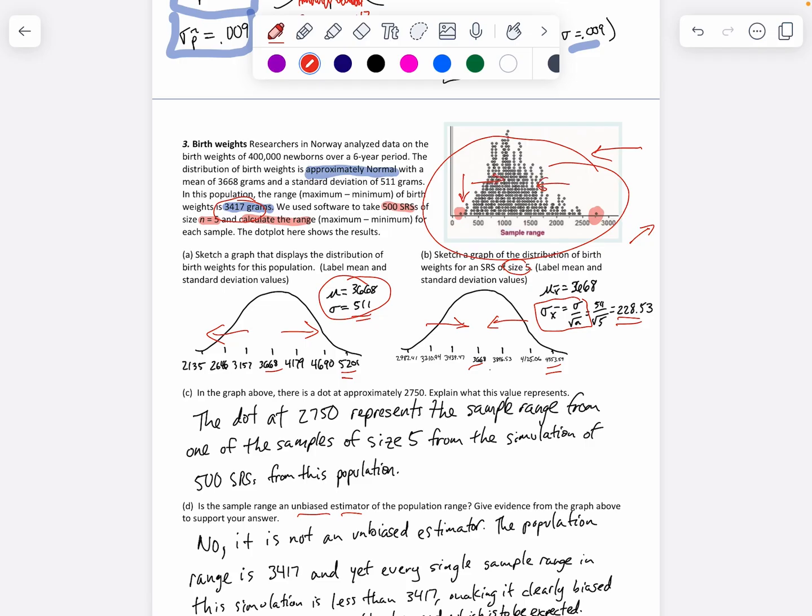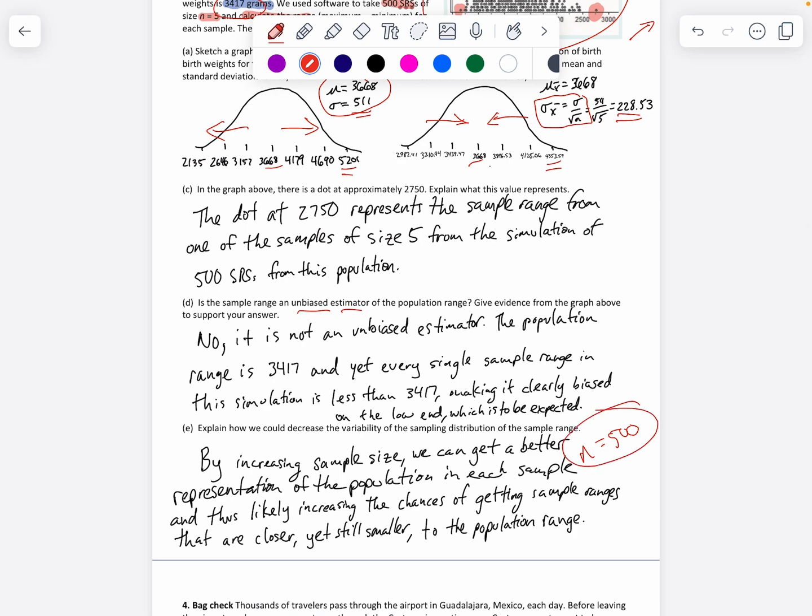Now, it's still going to be lower than the actual range, because the only way you're going to get the actual range is if you did the heaviest baby and the lightest baby, although if you take a sample size of 500, you're more likely, not necessarily guaranteed, but more likely to get the heaviest and lightest baby in there. But you're going to get a wider array of data, right?